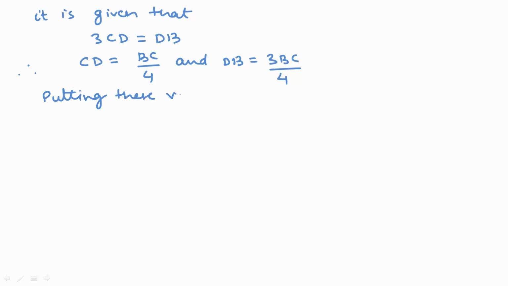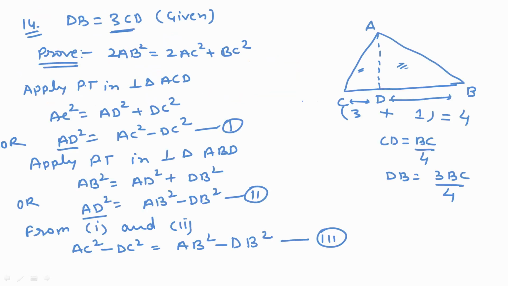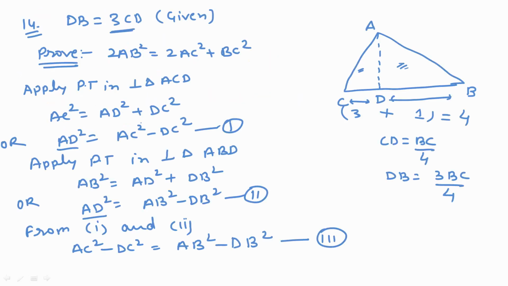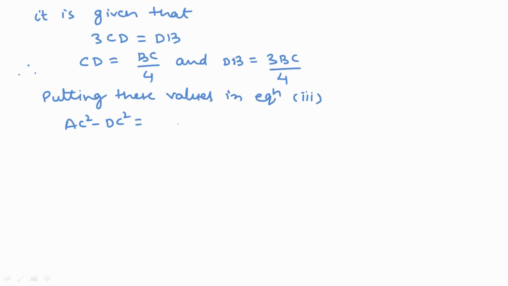The equation third is AC square minus DC square is equal to AB square minus DB square.